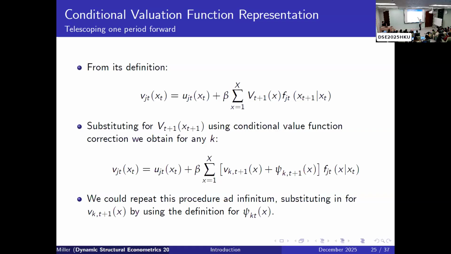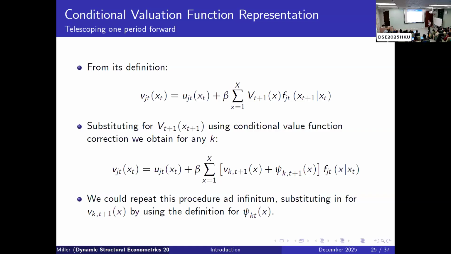You don't know what X is going to be, so you've got to integrate over what x t plus 1 is going to be, given that you've taken choice J. Fair enough? Back on track? A little bit of detour there. So let's substitute out for the V t plus 1 using the conditional value function that we got before.